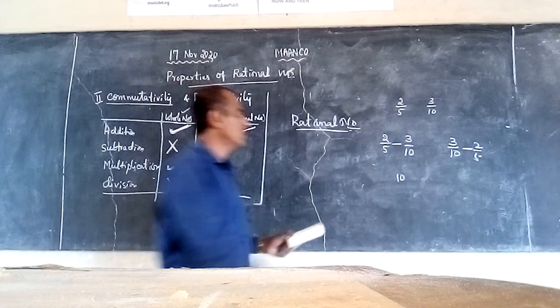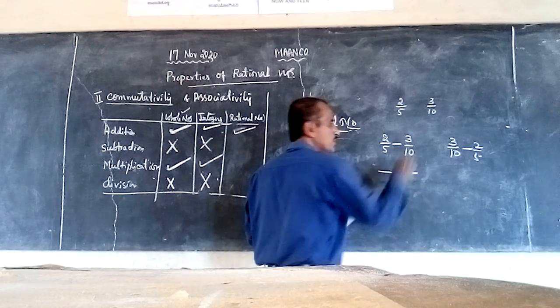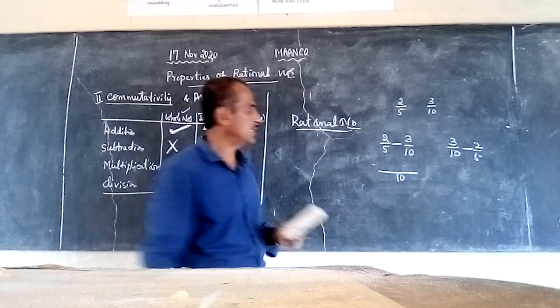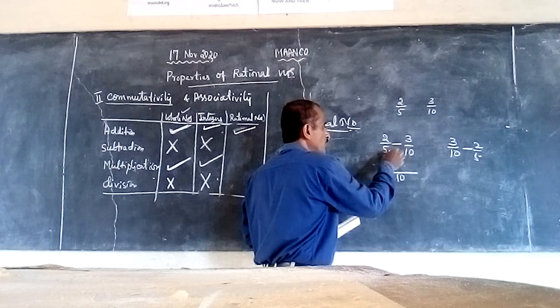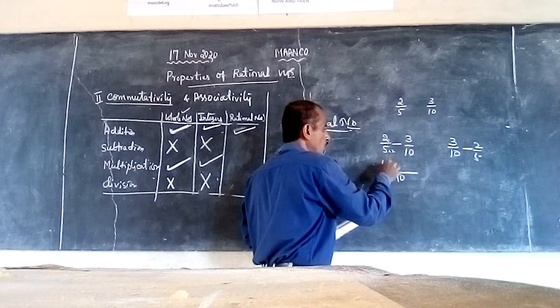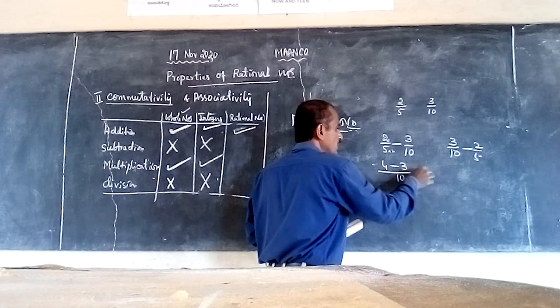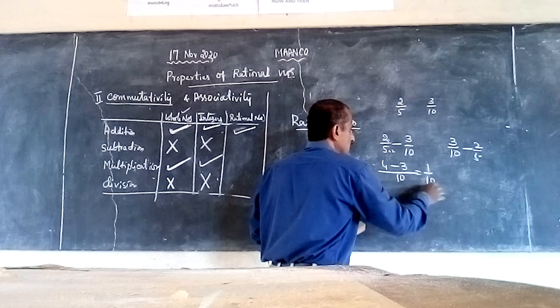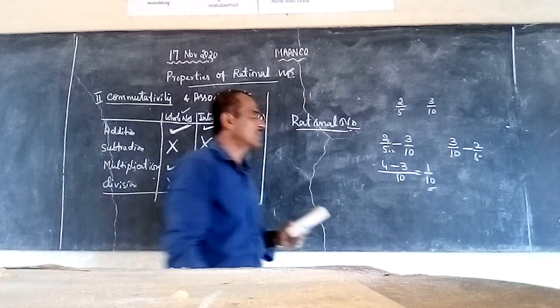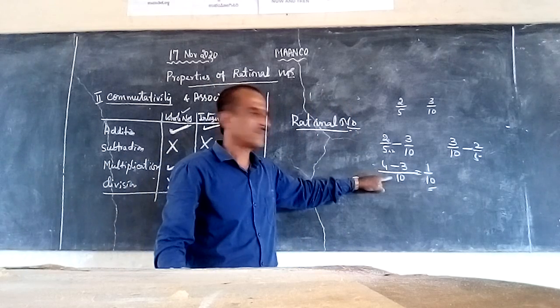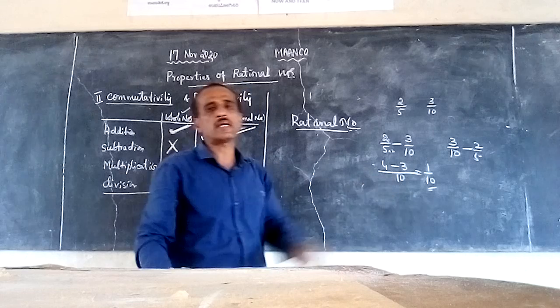Let us check. 10 is the LCM. 5 twos are 10, 2 twos are 4, minus 3. The answer is 1 by 10.